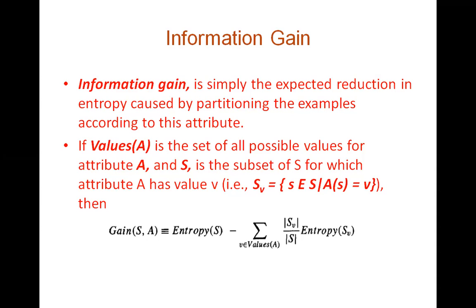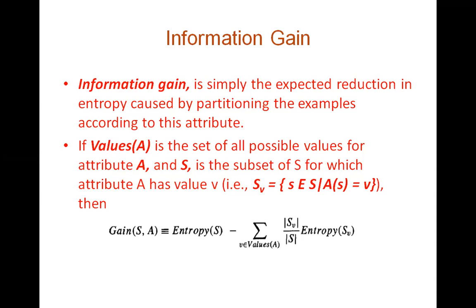To decide which attribute has to become the root, you need to calculate the information gain of that attribute with respect to the entropy. Once you get the information gain of each of the attributes, whichever attribute has the highest information gain will become the root.